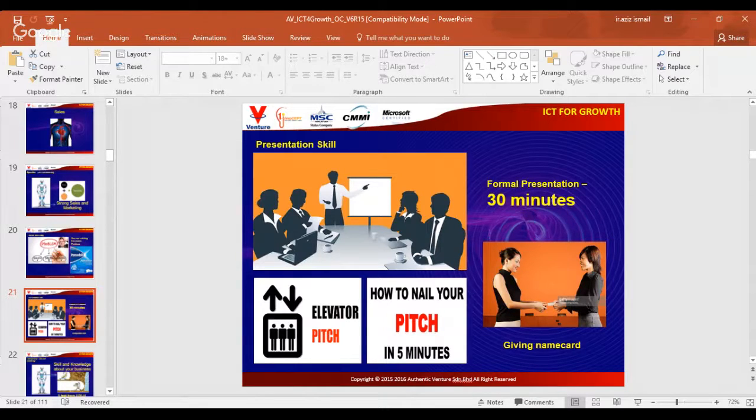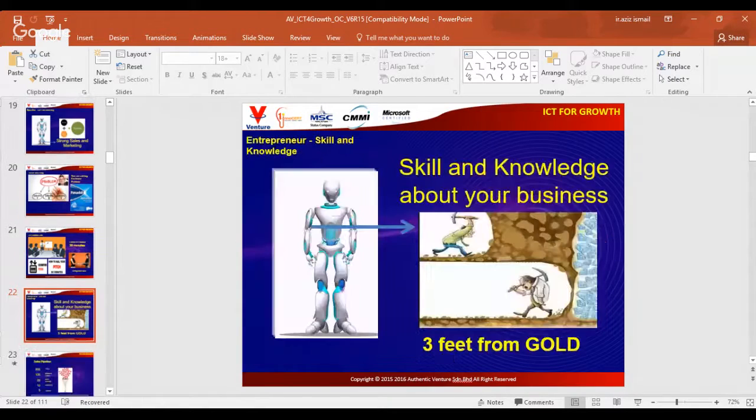In fact, inside my company, all the sales staff need to do presentations in front of me and the management team so that we can guide them and improve their presentation skill and product knowledge. And product knowledge means that you really must know your product and your business in order to become more successful.